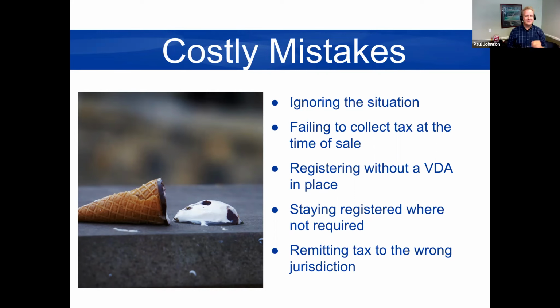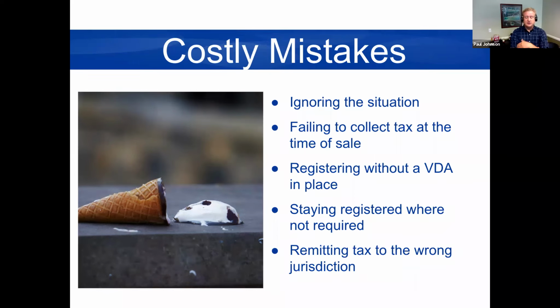Second, failing to collect the tax at the time of sale is the biggest tragedy in sales tax, like I mentioned. Registering without a VDA in place is another mistake. There are solutions and ways out there that you can limit your exposure, your tax liability. A voluntary disclosure agreement, a VDA, is one of the most common, as well as an amnesty program that the state may have rolled out.